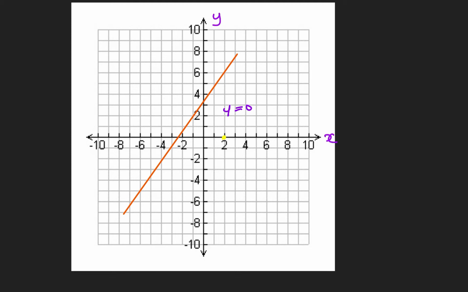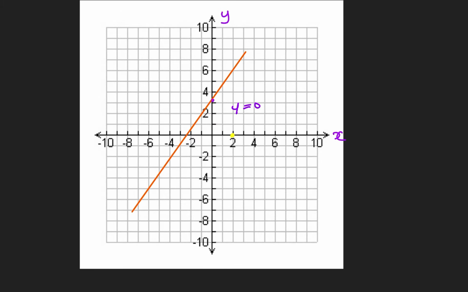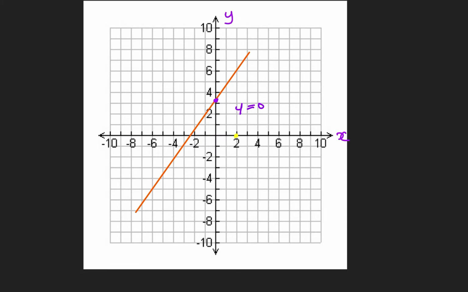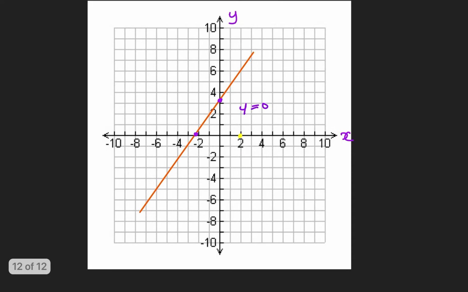So the y-intercept here would be where the graph touches the y-axis. In this case, the graph touches the positive y-axis, which is here. And the x-intercept touches the negative part of the x coordinate. So this is the y and this is the x-intercept. So that's simply what an intercept means.